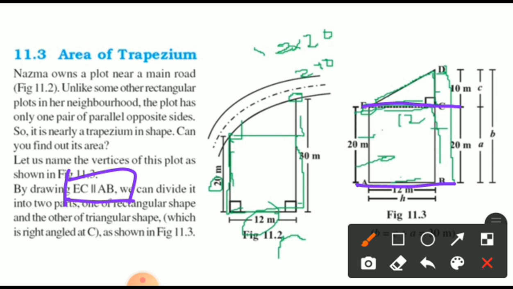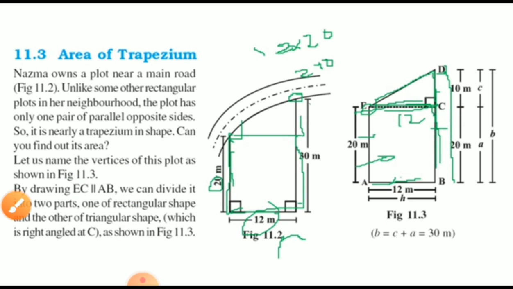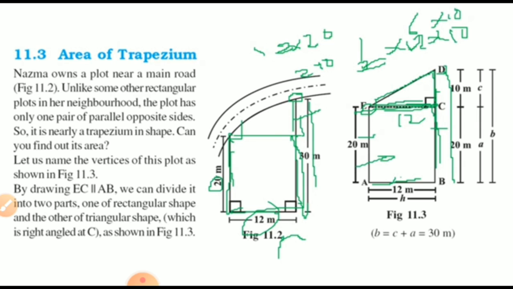In figure 11.3 you can clearly see that EC is parallel to AB. We can add the two areas, part A and part B, so it is easy to find our solution.